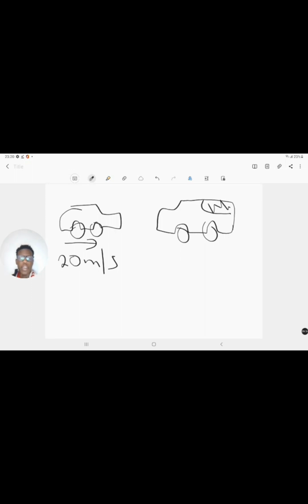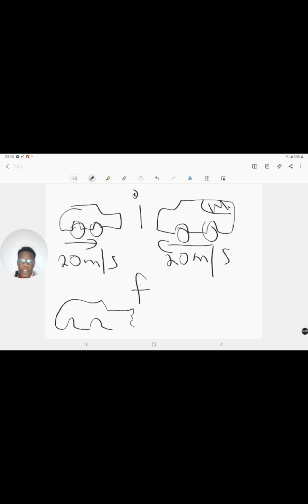That's a canopy there at the back, whatever. You had a truck with a velocity of 20 meters per second, moving in that direction. This is what is happening initially, right? What is happening finally? Well, the truck and the car collided.